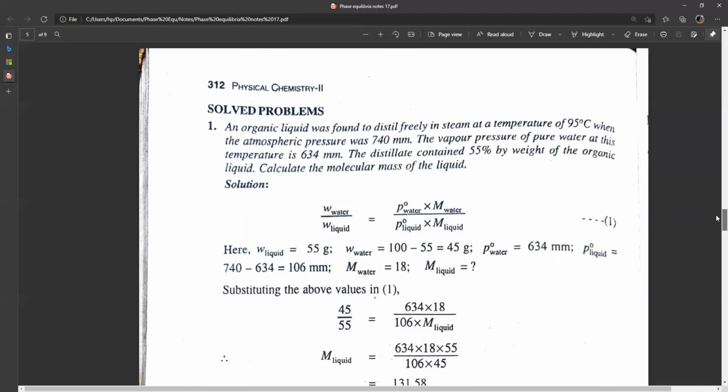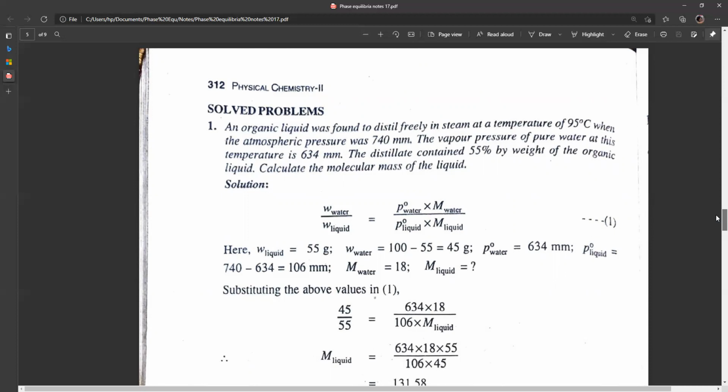So we have W water by W liquid is equal to P0 water into M, molecular mass of water, divided by P0 liquid into molecular mass of liquid. Here we have to calculate M of liquid, and we know that the total pressure is given, and that is 740. When a liquid boils, its vapor pressure will be equal to atmospheric pressure, 740. And we know that the vapor pressure of pure water at this temperature is 634.